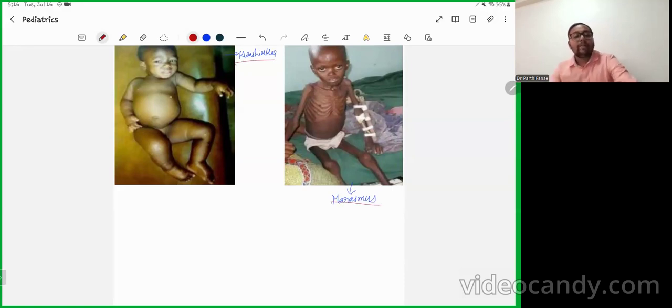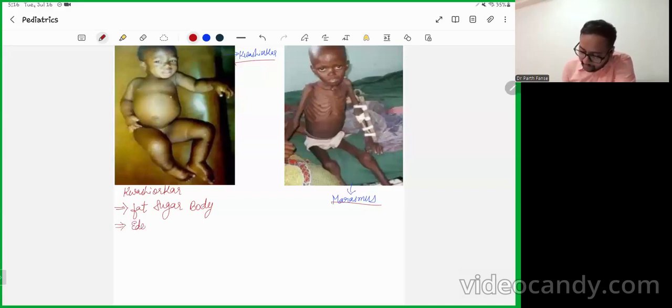Now let me make you remember some names: what kwashiorkor baby is called and what marasmus baby is called. So kwashiorkor, this child is suffering from kwashiorkor, and what is another name? It is called fat sugar body. Another name is edematous SAM.